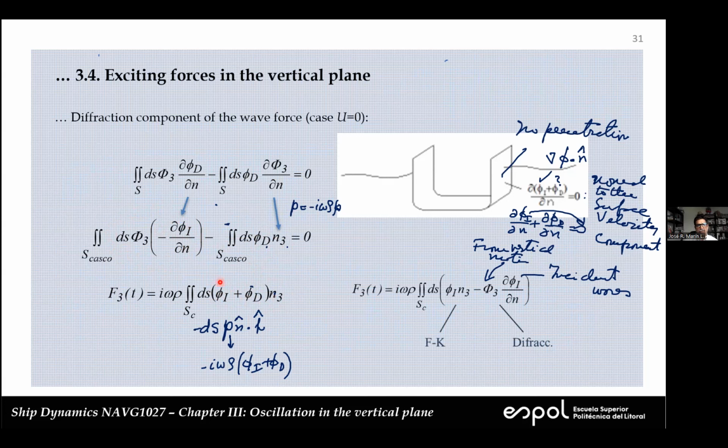So this is the transformation that we do. The first term is the Froude-Krylov component, and the second term is the diffraction, but now the diffraction has been expressed in terms of phi3 that we know, and the incident wave that we also know. So we can apply these two parameters that we know, combine them in this way, integrate, and that will give us the diffraction component of the vertical excitation force.